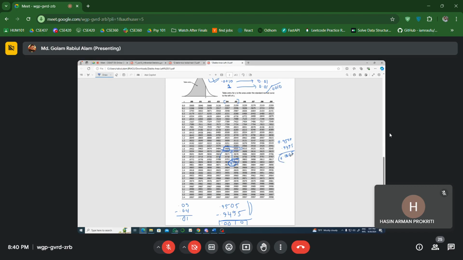Our value is this much from the lower bound, so for a difference of 0.0005, the standard deviation difference will be 0.01 divided by 0.0010 times 0.0005.